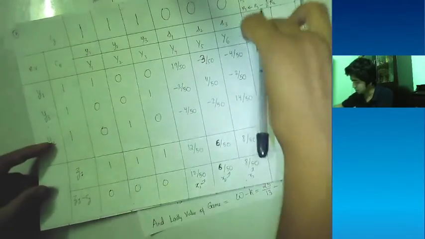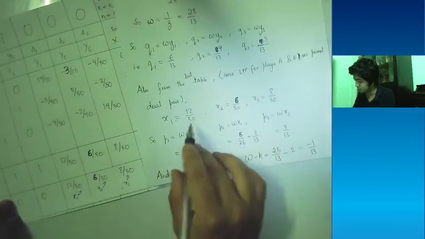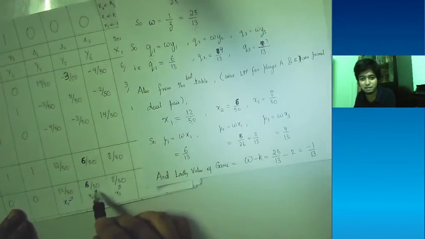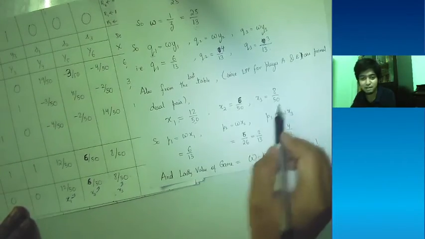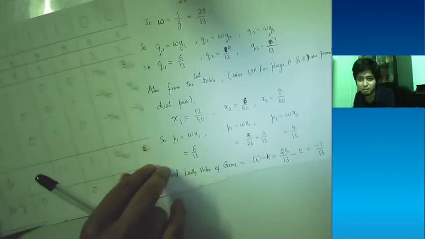The solutions for player B are over here. The solutions for player A are over here: x1 is 12 by 50, x2 is 6 by 50 from this value, and x3 is 8 by 50. Again, these can be obtained from the last table because they form a primal dual pair.